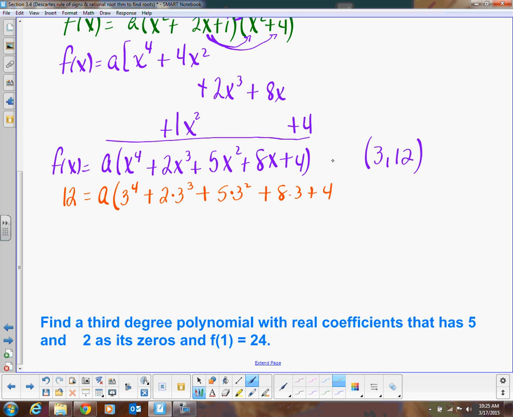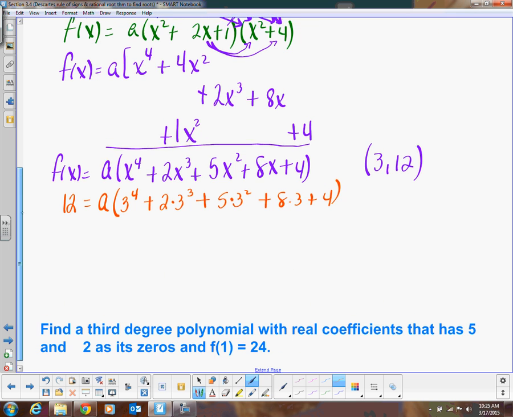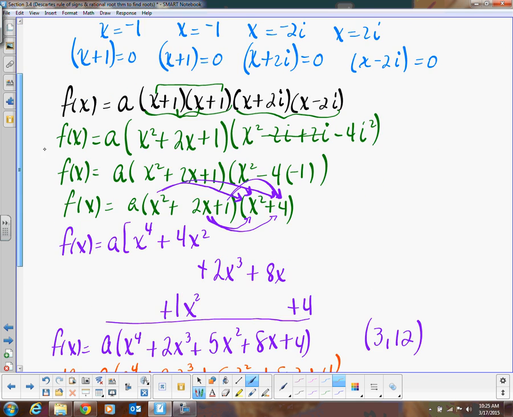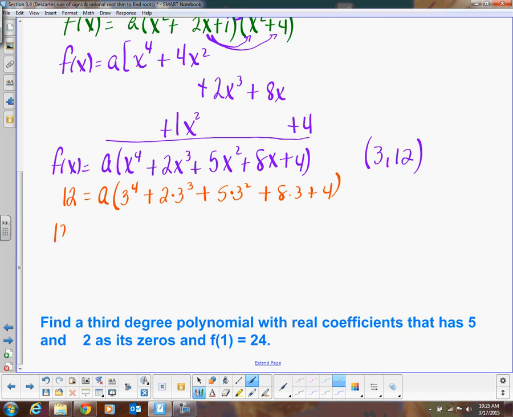In the very beginning, they told you f of 3 is equal to 12. See it? So you've got 12 equals a times, that's going to be 81. 27 times 2 is 54. 3 times 3 is 9 times 5 is 45.